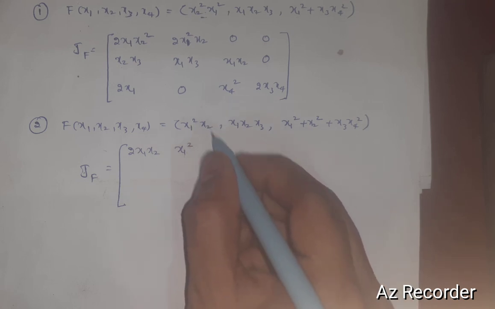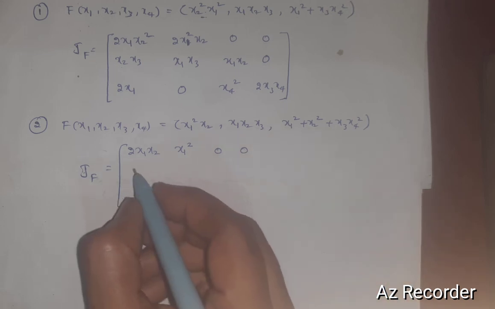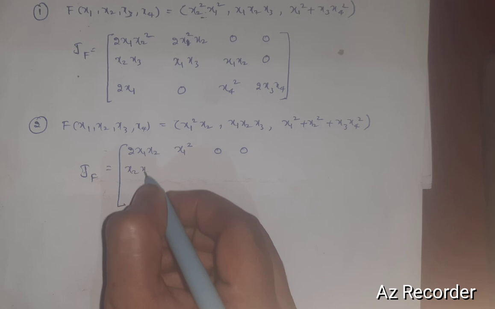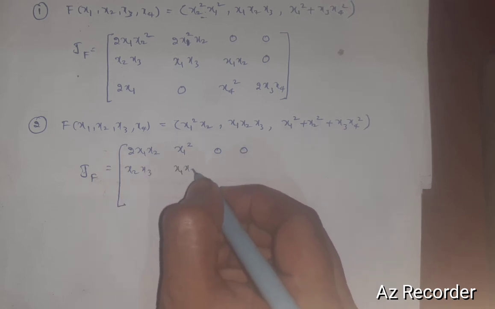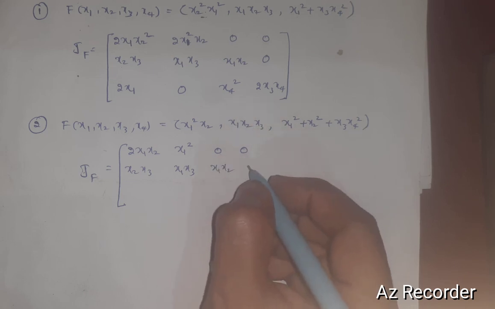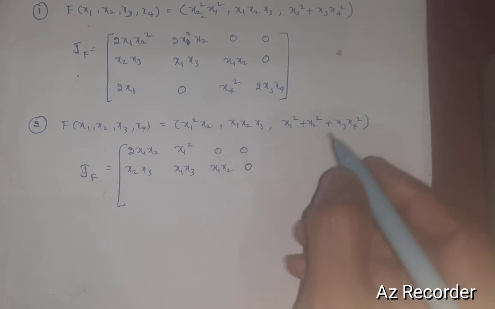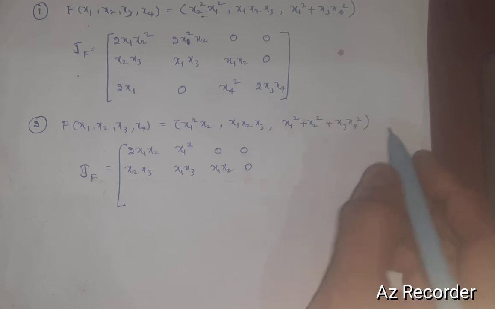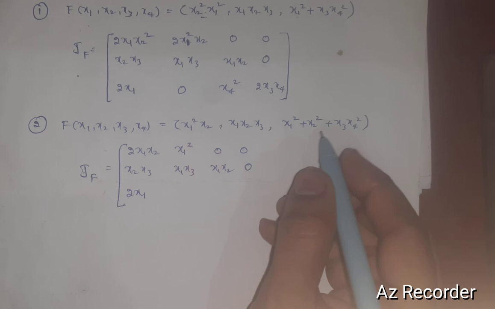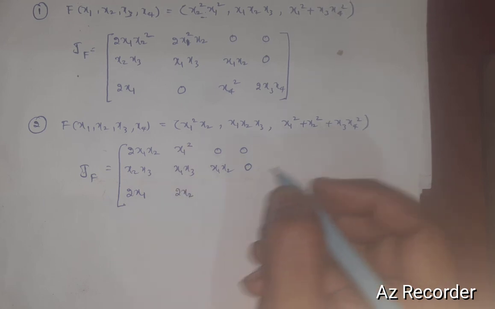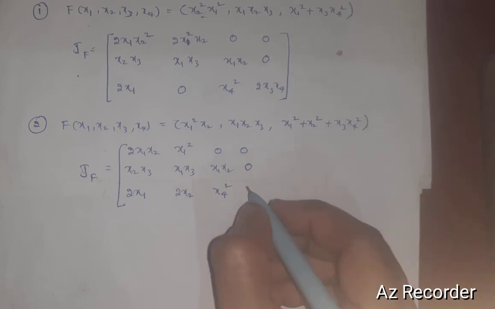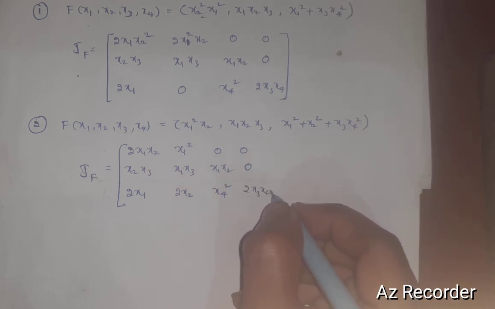Here there are no terms of x3, x4, so these are 0. Next, derivative of f2 with respect to x1 is x2 x3, with respect to x2 is x1 x3, with respect to x3 is x1 x2. Here the x4 term is not there, so the partial derivative with respect to x4 will be 0. Next, f3 is this, so the partial derivative of f3 with respect to x1 is 2x1, with respect to x2 is 2x2, with respect to x3 is x4 square, with respect to x4 is 2x3 x4.